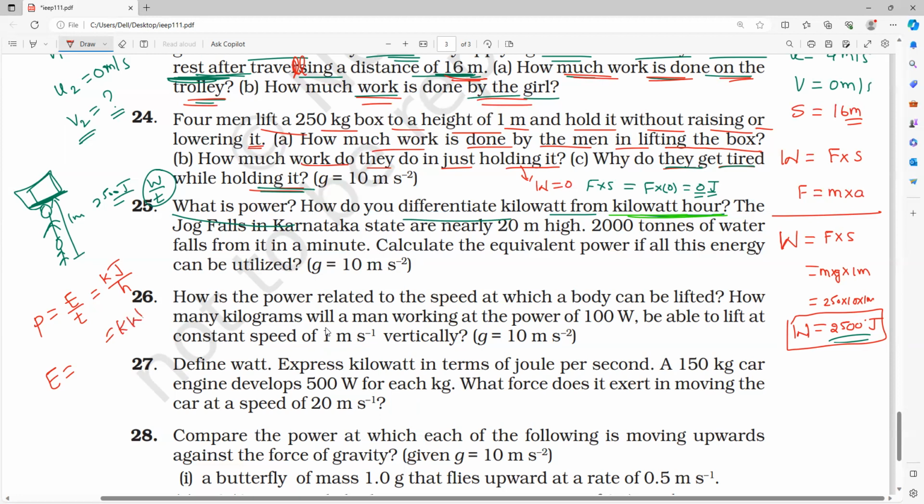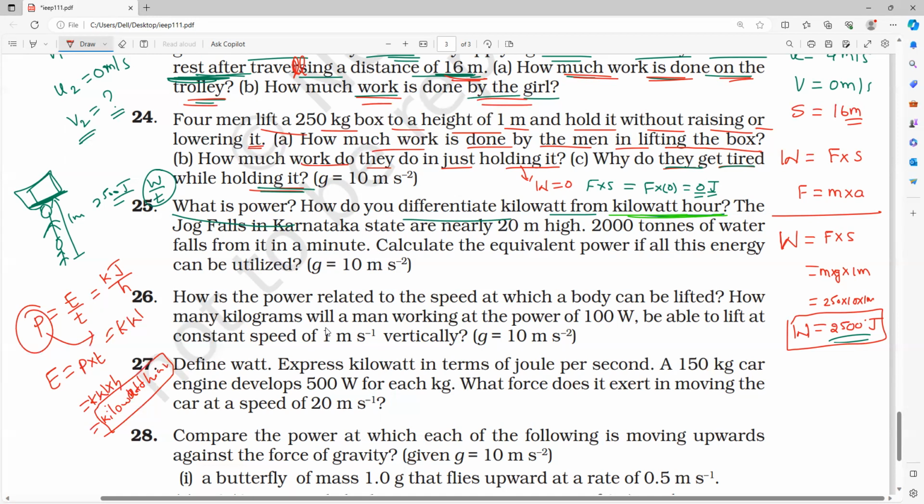So basically kilowatt is the unit of power. Now the unit of energy is equal to what? Power into time. So kilowatt into hour, that is kilowatt hour. So kilowatt hour is the commercial unit of energy.